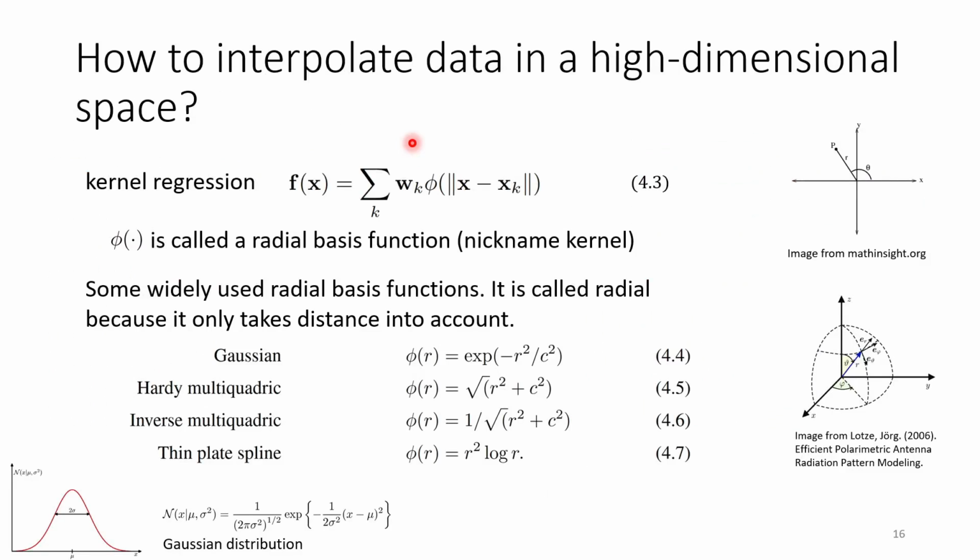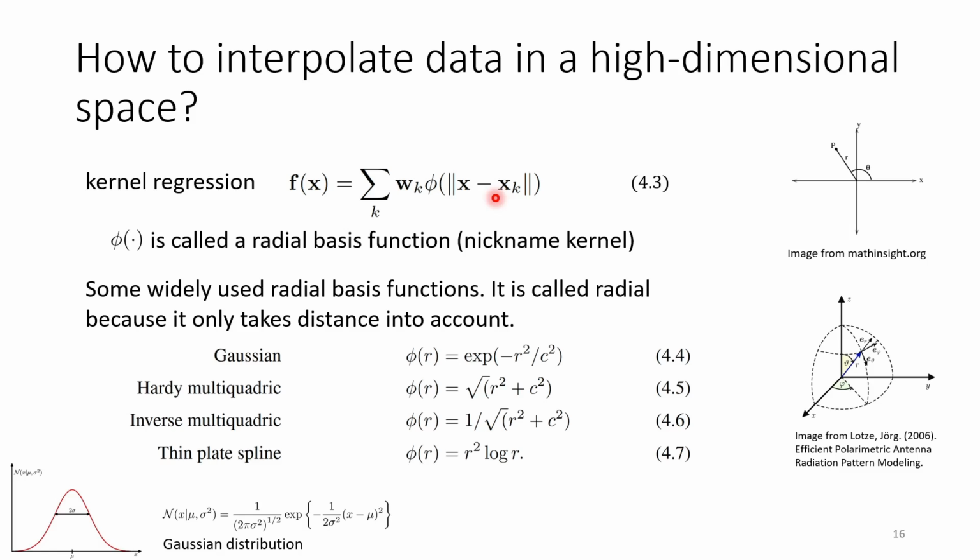Okay, another issue. Currently, the two examples you saw were all in 2D. However, how do you do it for high dimensional data? The author gives us an example. It's called kernel regression, and the formulation is like this one. The f(x) is the output function, and wk is the weight. Okay, and phi is a radial basis kernel, and the xk is the given input data.